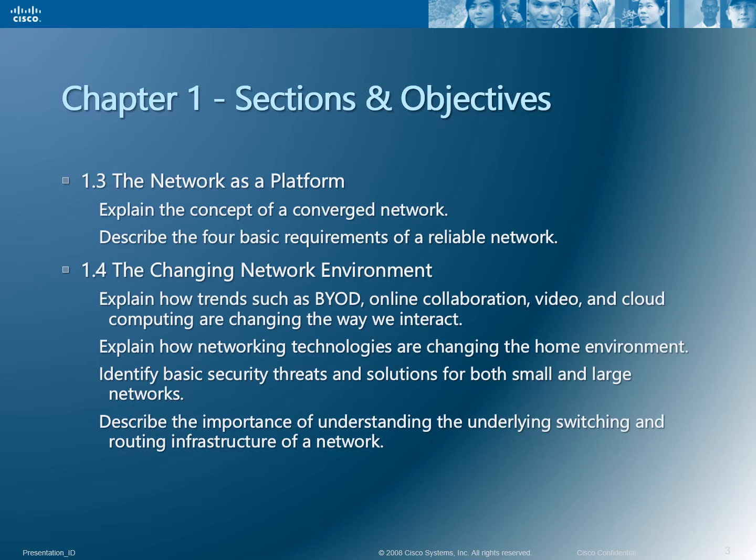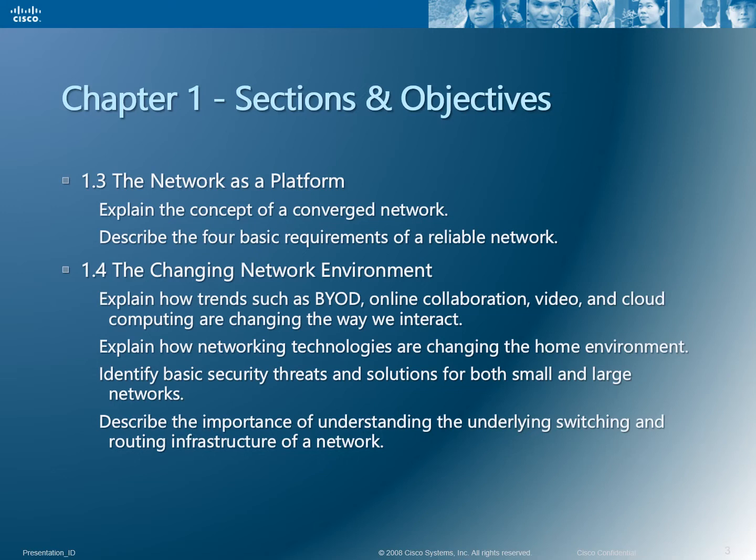And of course, you see that is the longest of the 4 sections for this chapter. We're going to talk about how new emergent trends, such as bringing your own device into a work environment, BYOD, instantaneous online collaboration through things like iWork and Google Drive, video and cloud computing, these are all changing how we interact, especially in the era of the novel coronavirus, COVID-19, excuse me.